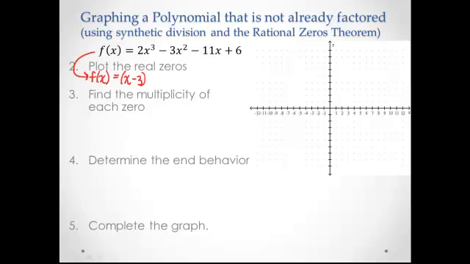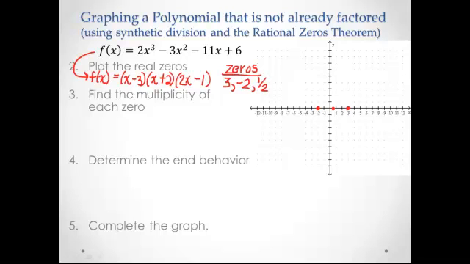Okay, so we factored it all out, so I'm just going to write down the factored form. This allows us to identify the zeros. In this case, the zeros are 3, -2, and 1/2, which we find by setting each factor equal to 0. These are the zeros that we can plot on the x-axis.